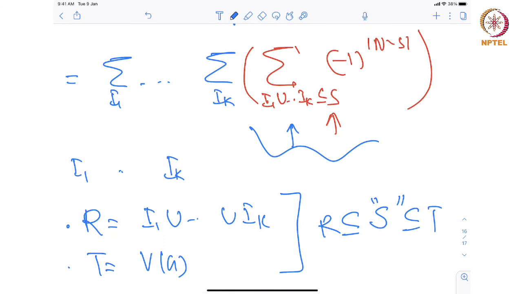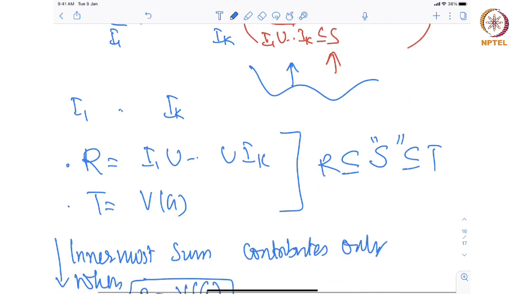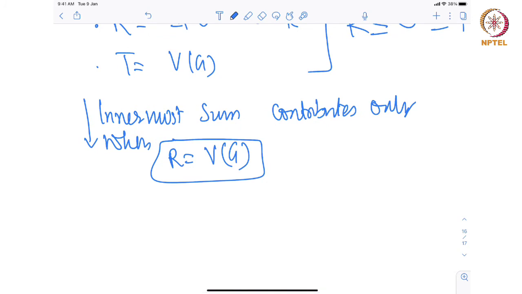So the only things which contribute in a non-zero way are those where I1 to Ik cover the whole vertex set.